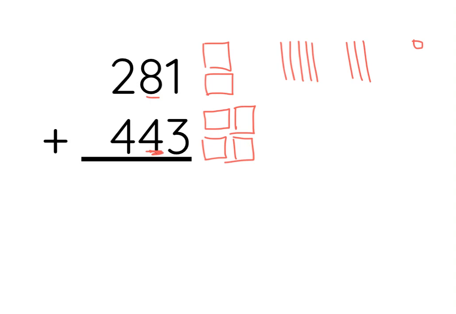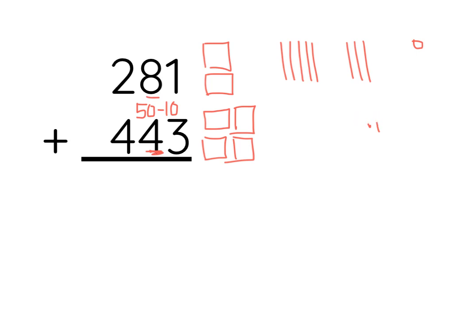Now remember, we've talked in other videos, we could put it over there as a 40. But do you remember we've talked that a 40 has the same value as a 50 minus 10?